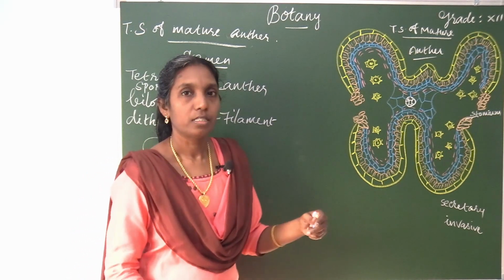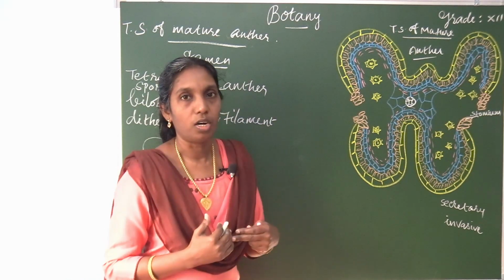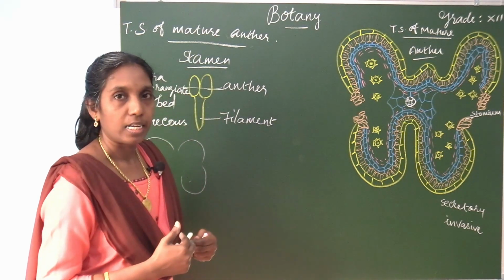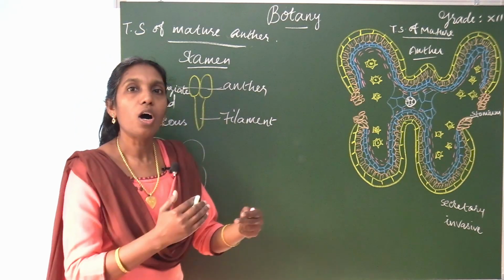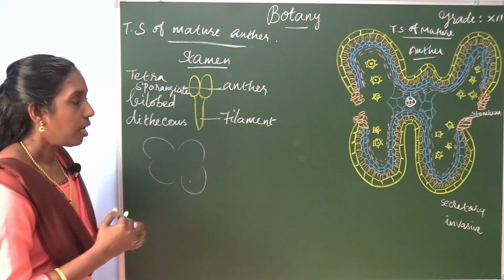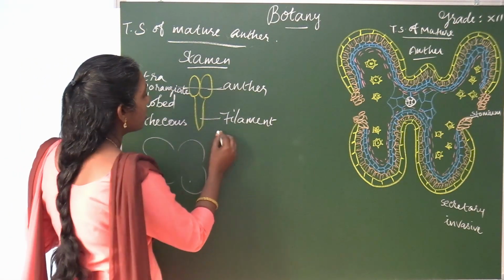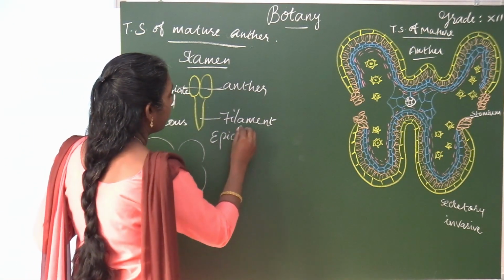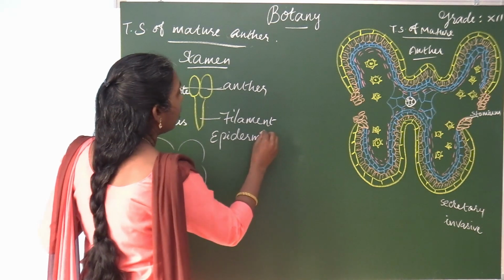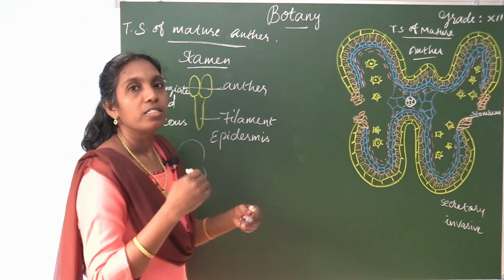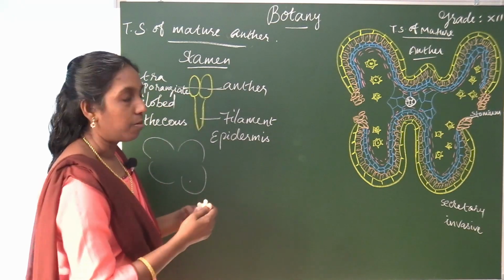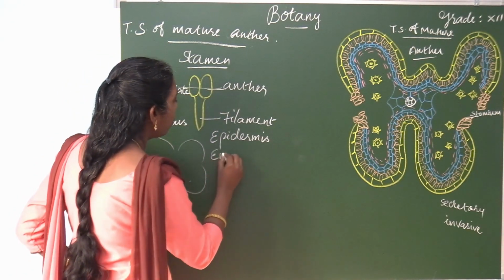Let's learn the anther wall. We discussed it in the earlier class also. In the anther wall, there are a number of wall layers. The outermost layer is known as epidermis.